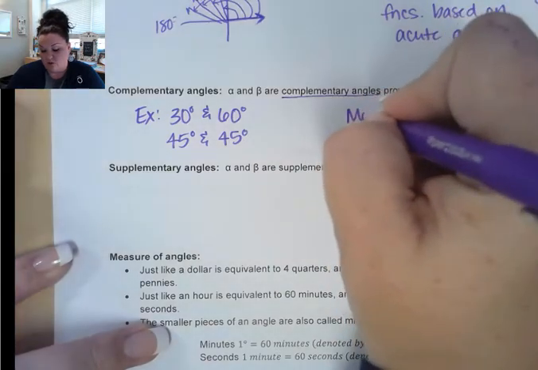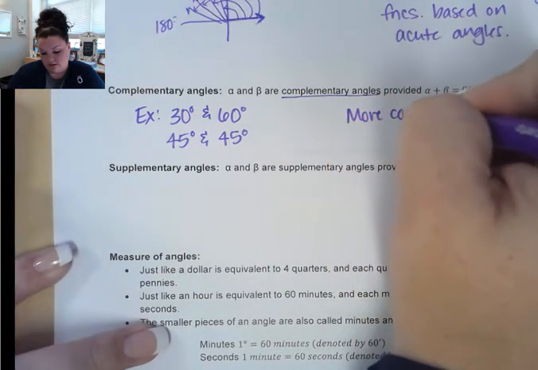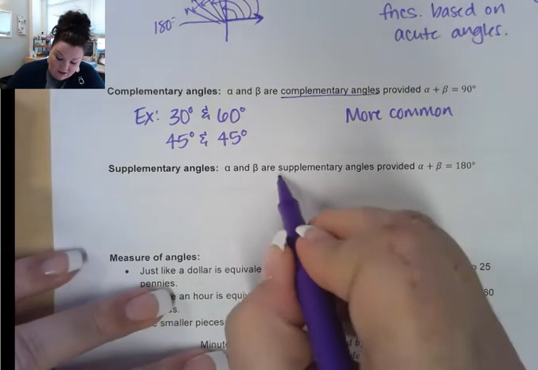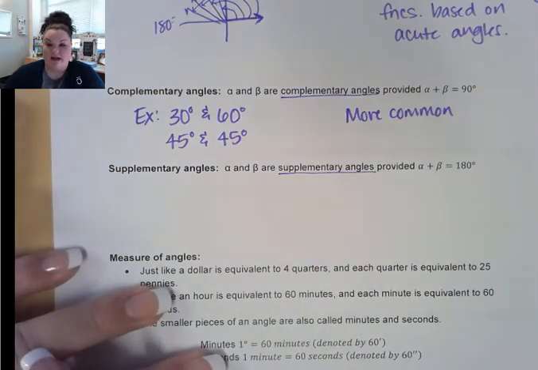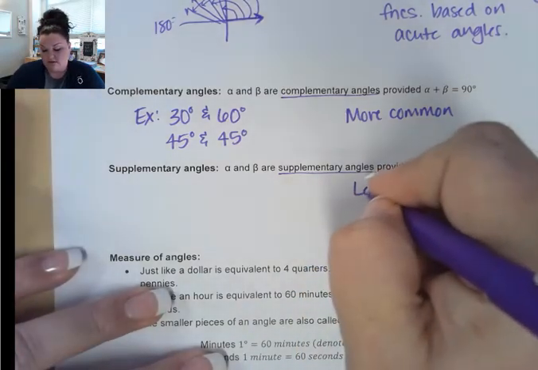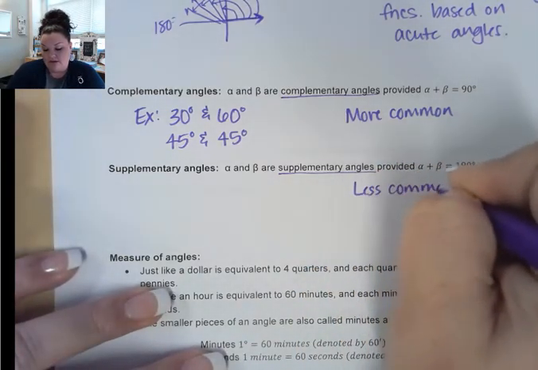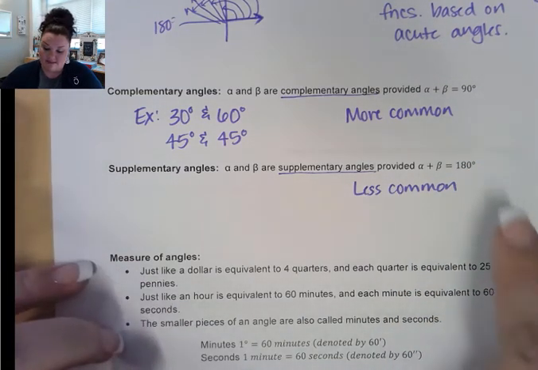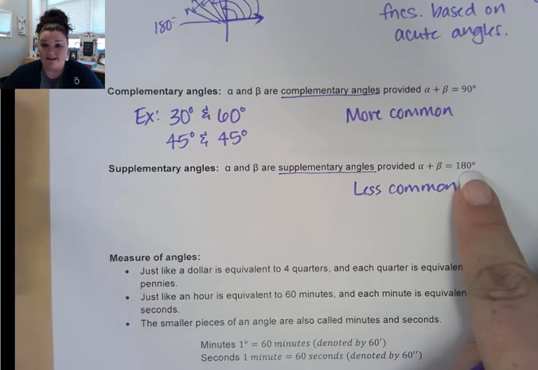And this is the more common one that we're going to work with, this relationship that they combine to 90 degrees. A little bit less common is supplementary angles. Same idea. If they're supplementary angles, that means that they add up to 180 degrees.